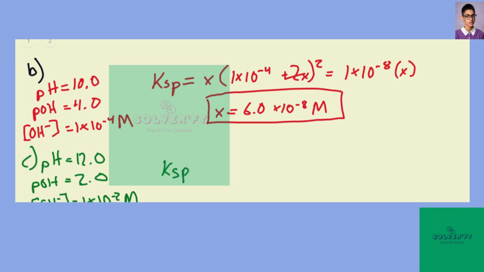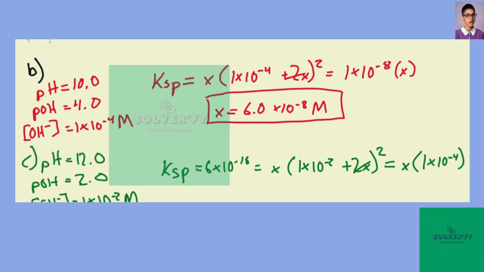KSP is still equal to 6 times 10 to the minus 16, which is equal to x times 1 times 10 to the minus 2 this time, plus 2x squared. We eliminate 2x because of the KSP value being so small, and we get x times 1 times 10 to the minus 4. And when we solve for x, we get a value of 6.0 times 10 to the minus 12 molar.